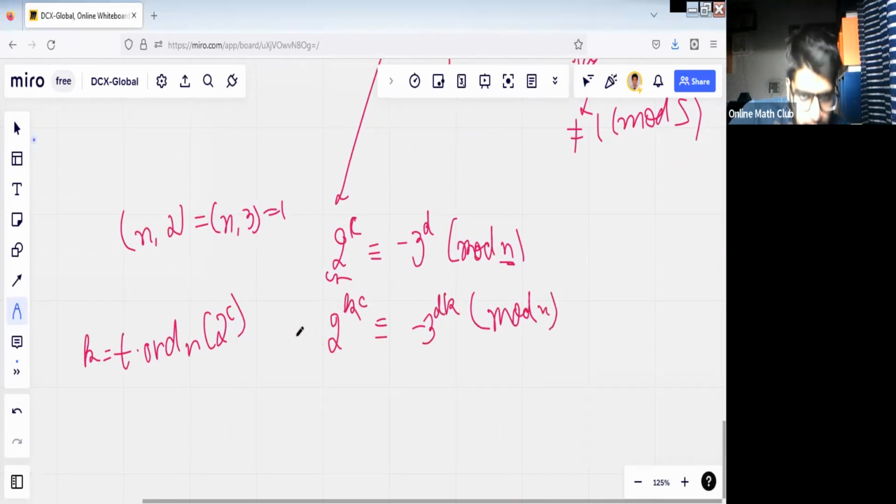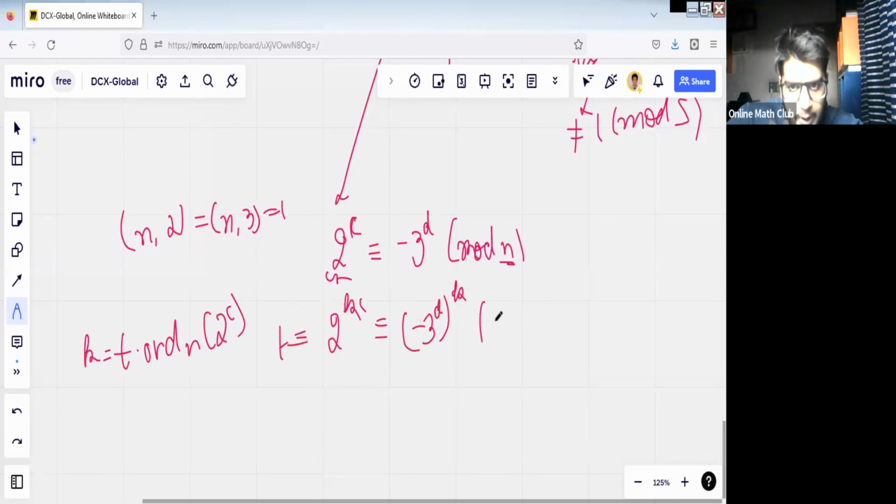This is one, is one mod n. And now, oh wait, you do need k to be odd.